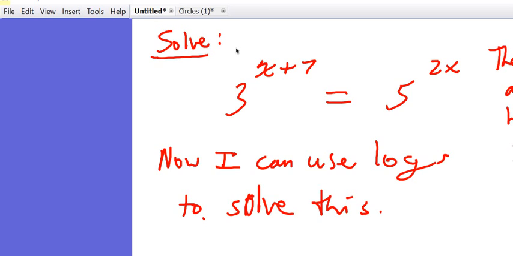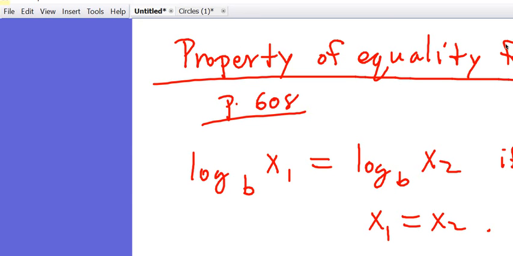So the one-to-one property for logs is very similar to the one-to-one property for exponential functions, and they should be because they're inverses. They are opposites, so they undo one another. So if I have log base b of x1 equal to log base b of x2, since the bases are the same, then x1 is equal to x2.